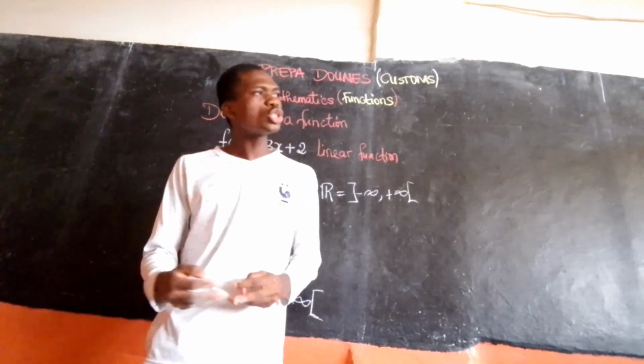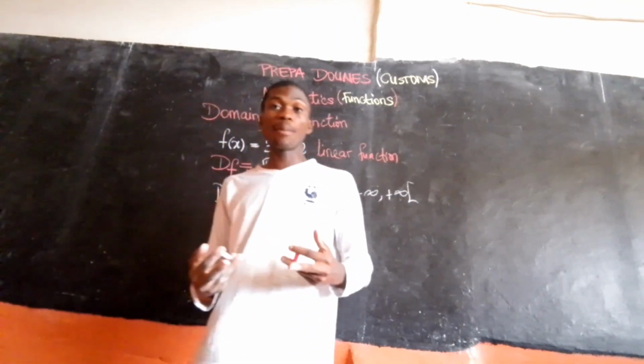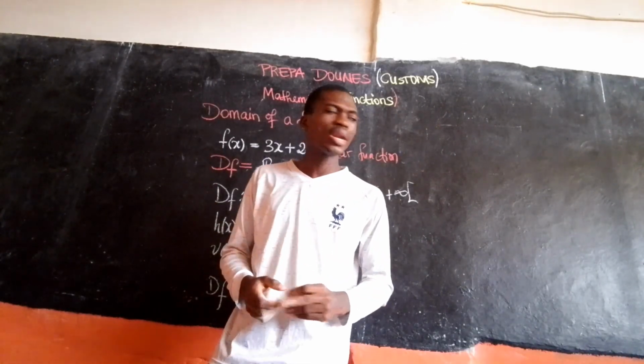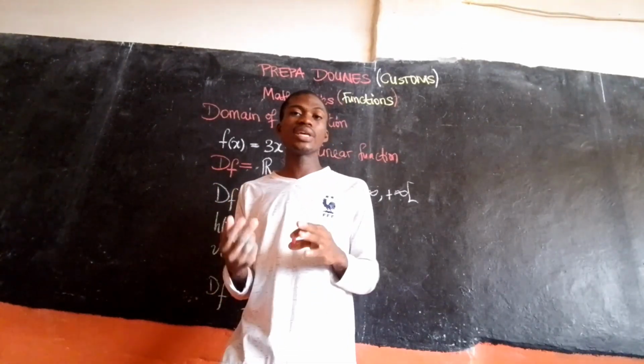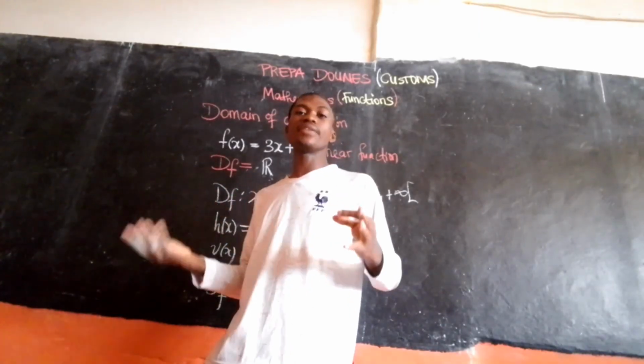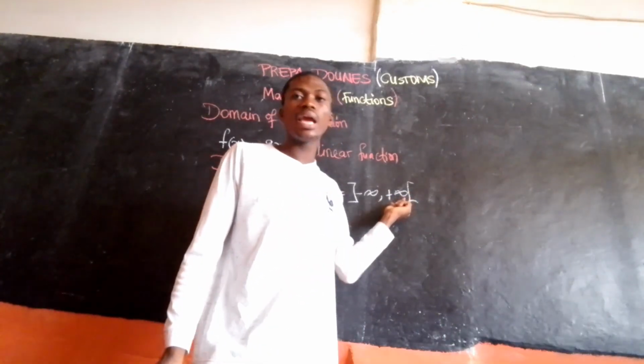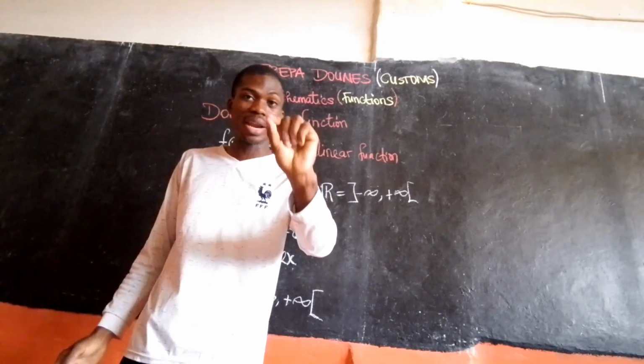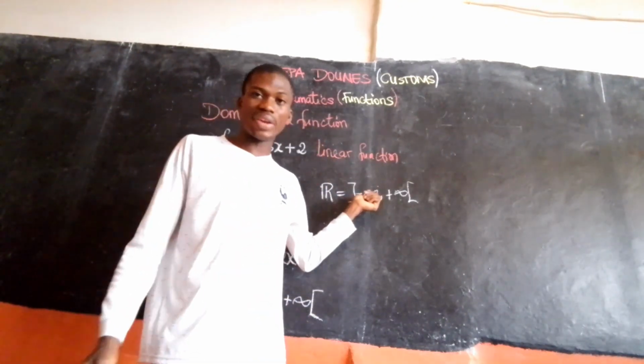Now, we also consider on a set of real numbers, we have both the positive and the negative numbers. So on a set of real numbers, the biggest positive number is positive infinity, and the biggest negative number, otherwise known as the smallest number, is negative infinity.